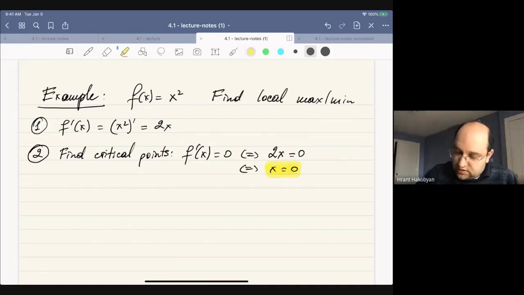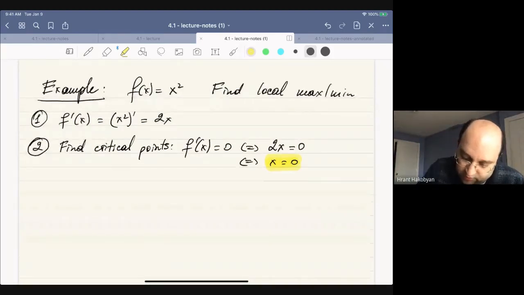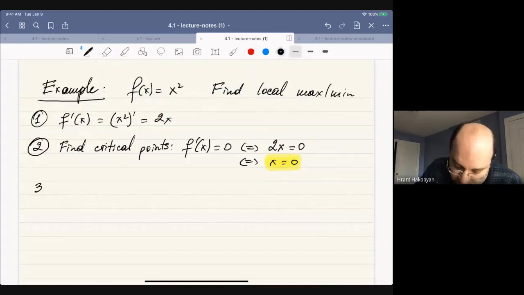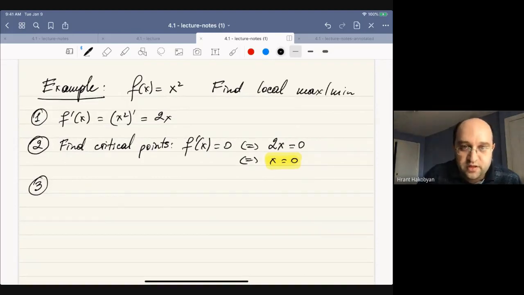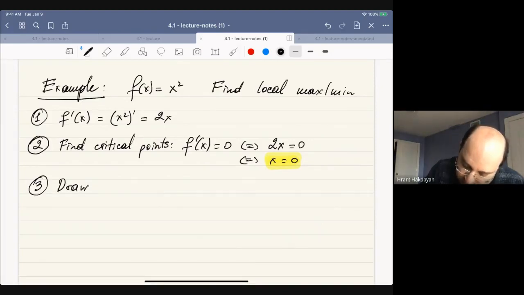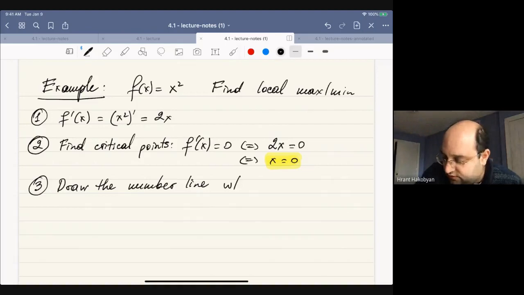Okay, good. So now I want to figure out whether this critical point is a local maximum or a local minimum. So what do I need to do for that? Let's draw the number line with the critical points.